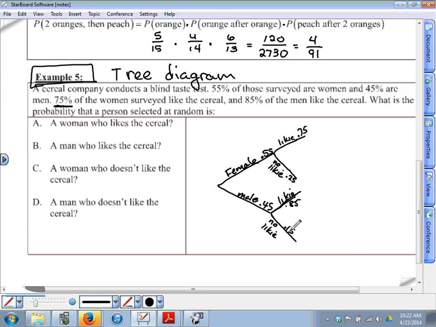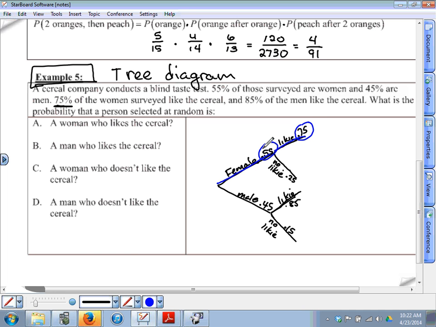Follow the branch of the tree. This is a female, and that's a female who likes the cereal. So what do we do with the separate probabilities? You multiply. 0.55 multiplied by 0.75.